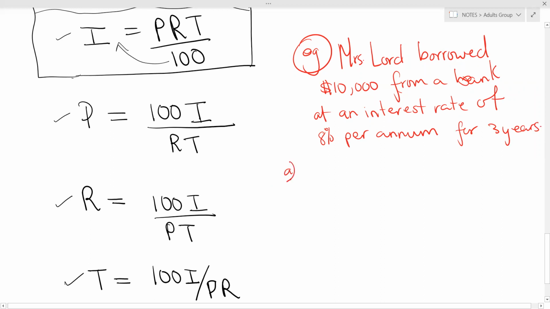So they want A. What is the amount? So they want you to calculate the simple interest amount.